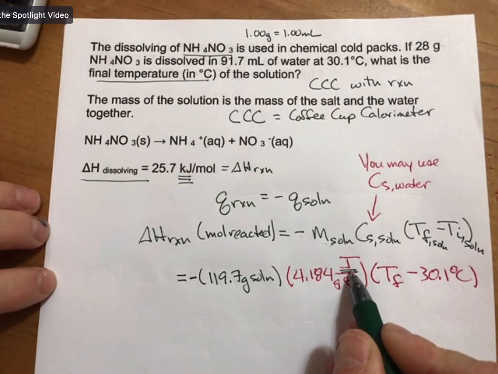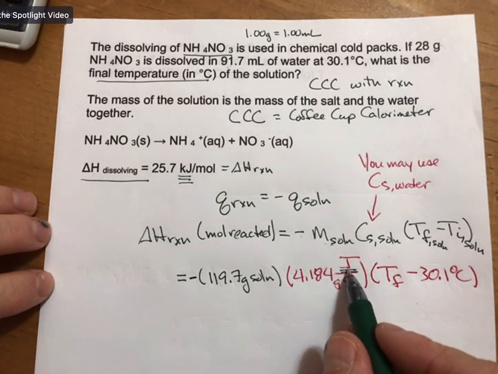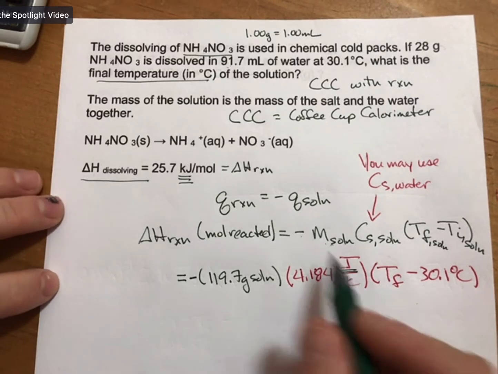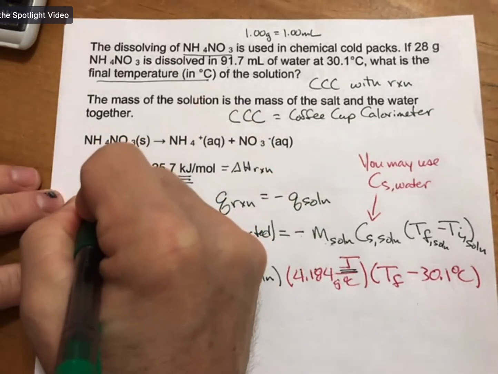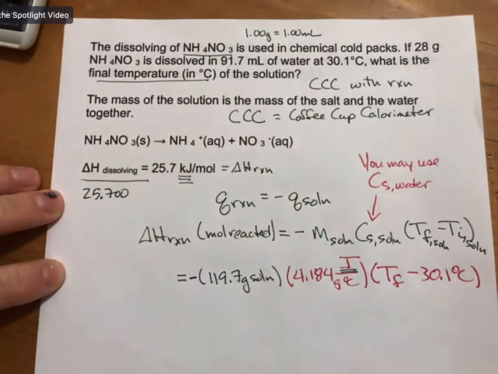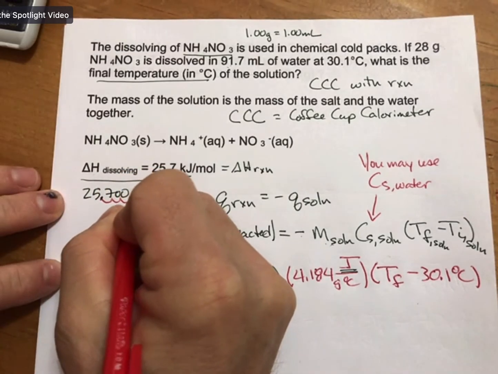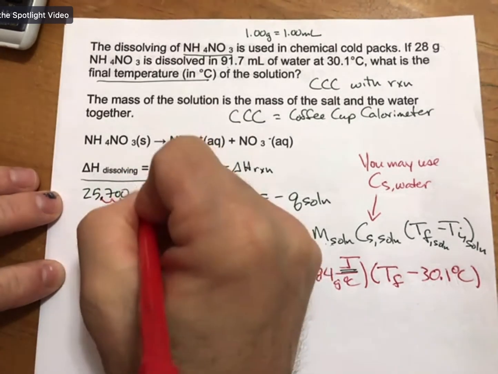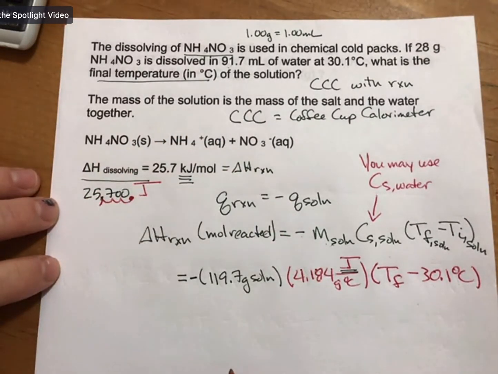So something has to be changed. I prefer joules, so I'm going to convert everything into joules. To convert from kilojoules to joules, I'm going to move the decimal point 1, 2, 3 places to the right and get 25,700 joules.